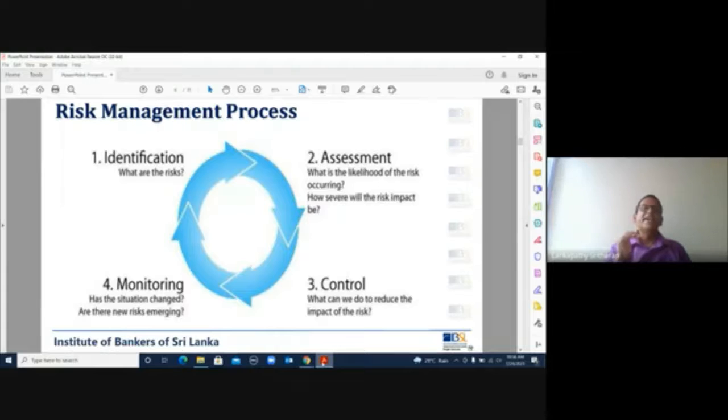So we know what risks are involved. There may be default risk, interest rate risk, and some operational risk. We will discuss those things. So first, the fund manager or investor has to identify the risk in advance.